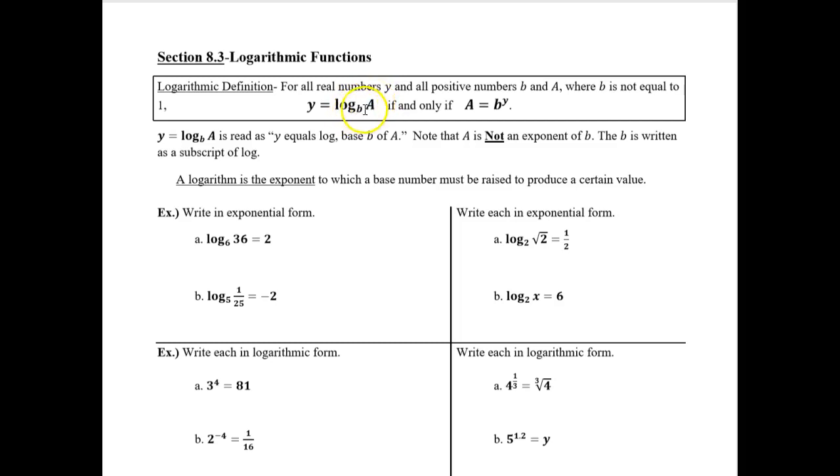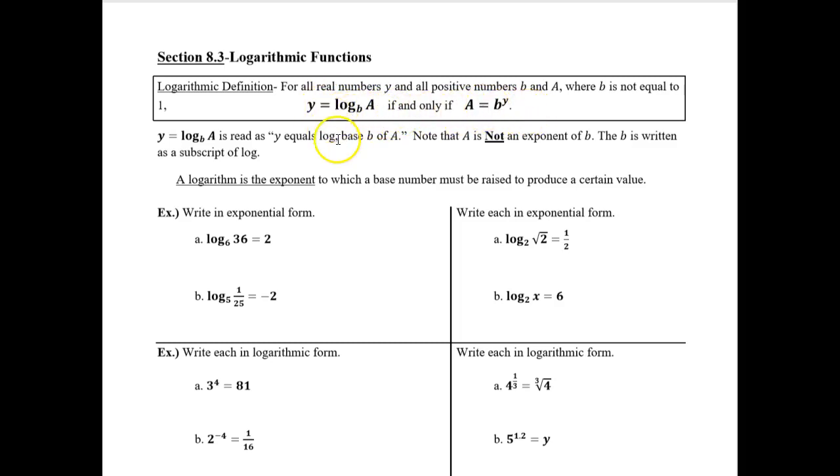So b is a subscript, log base b of a. Notice that b is the base, and over here, written exponentially, b is the base. So that's a good connection between the two. These two are equivalent statements.